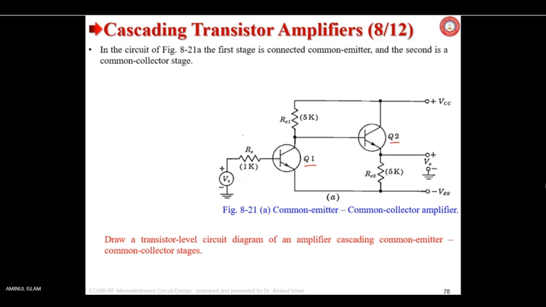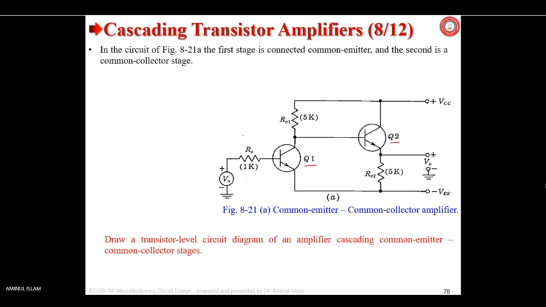Here is the question: given parameters, find the input and output impedances and the individual as well as overall voltage and current gains of an amplifier cascading common emitter and common collector stages having RS equal to 1 kilo ohm. RC1 is the collector resistance of Q1.